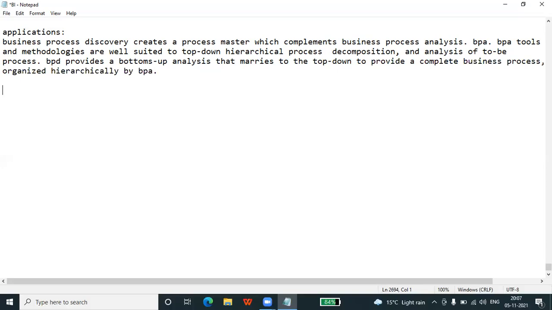Business intelligence provides organizations with reporting and analytics on the data in their organizations. However, business intelligence has no process model, awareness, or analytics.